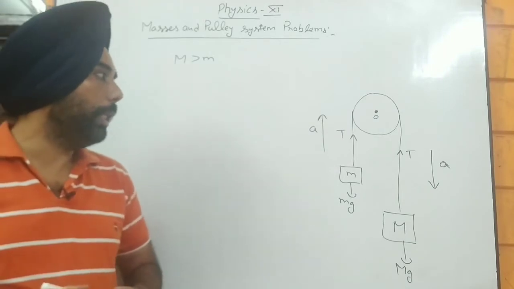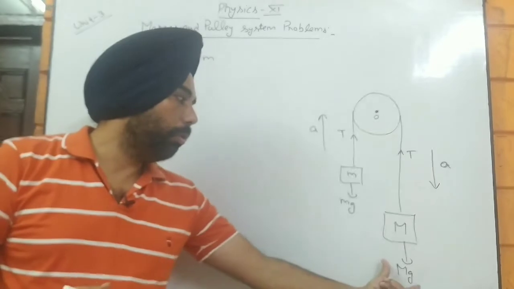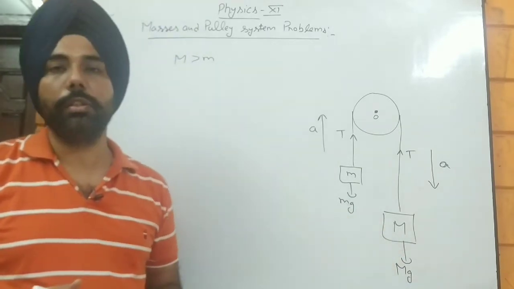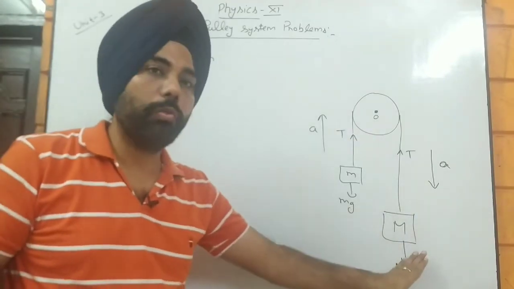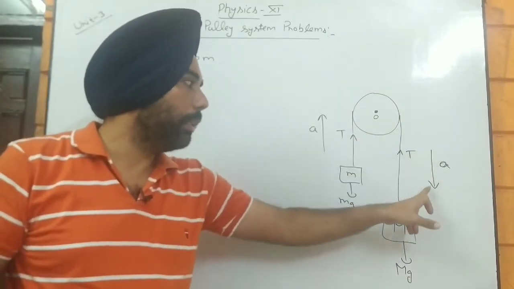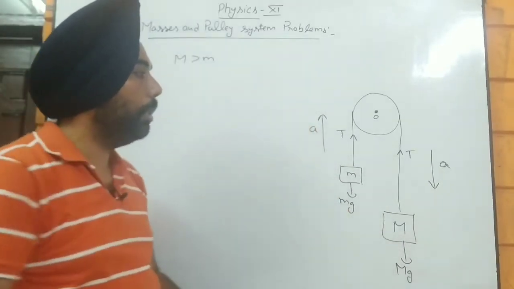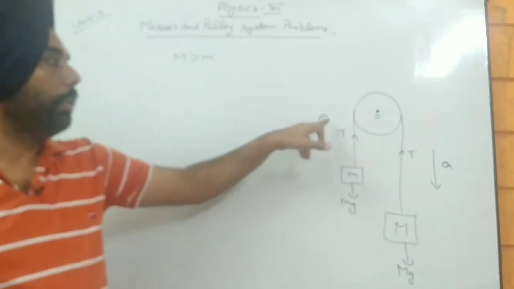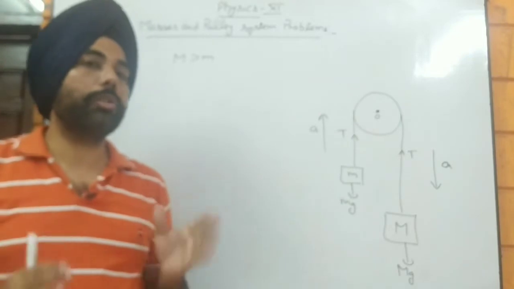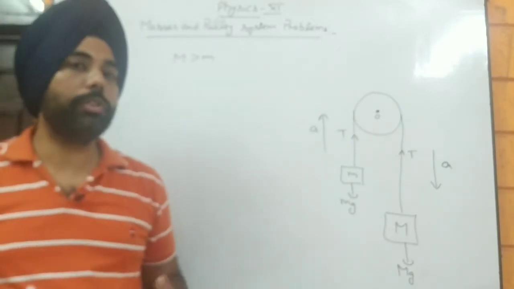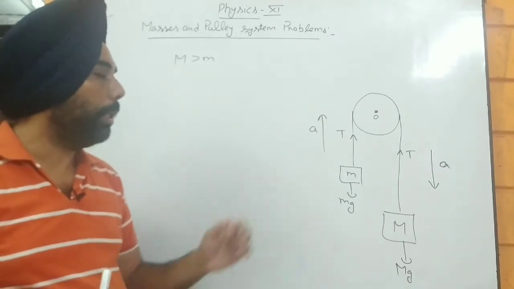We have just mentioned the tension in the string, and we have put the downward weights of both the masses. That system is moving downward, so we have taken acceleration in the downward direction. That system is moving with similar upward acceleration, so that is why I have a direction upward for the smaller mass. That is the construction of the diagram as well. You have to write a few words about the construction too. I'm just going for the main topic here.